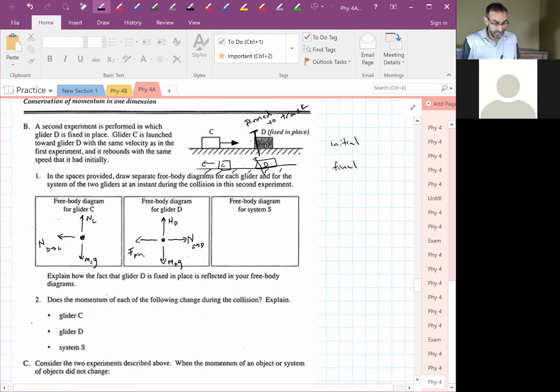From the pin that keeps it in place so it doesn't move.